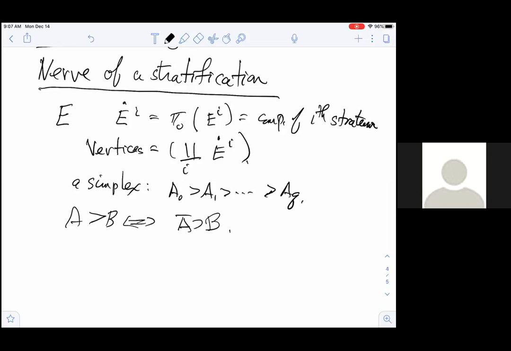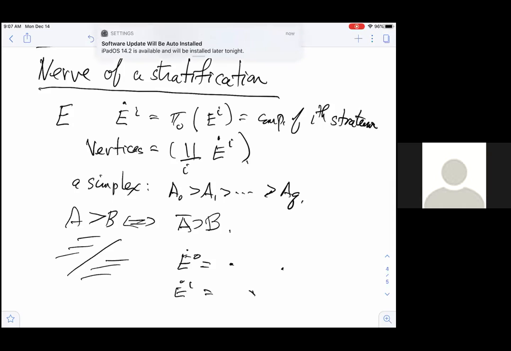Okay. So let's just think about what happens in our case of a single codimension 1 stratum. So E_0, in this case, is 2 points, and E_1 is a single point.